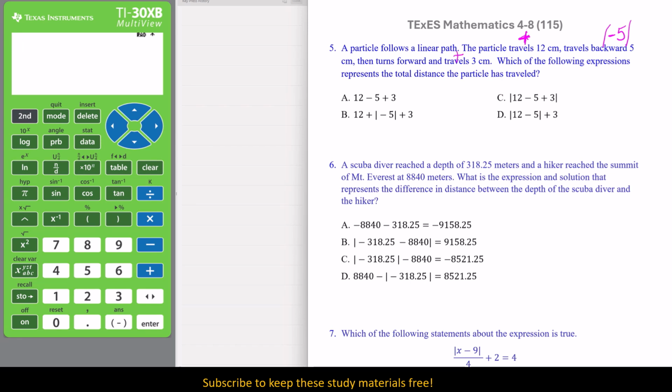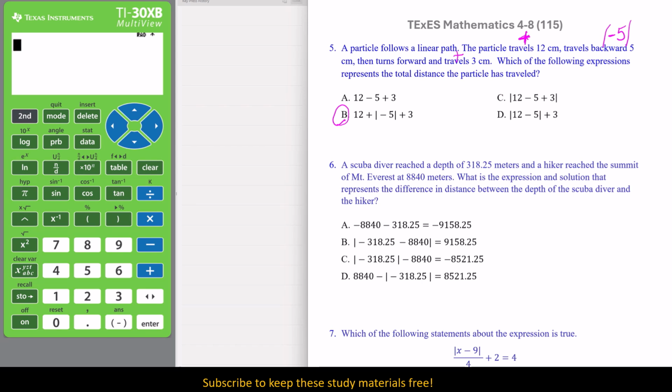So I'm thinking we have +12 plus the absolute value of -5 and then +3. Well, B satisfies that because it says total distance. Distance is different. It's always an absolute value. Because I'm traveling backwards doesn't mean that I subtract it off.